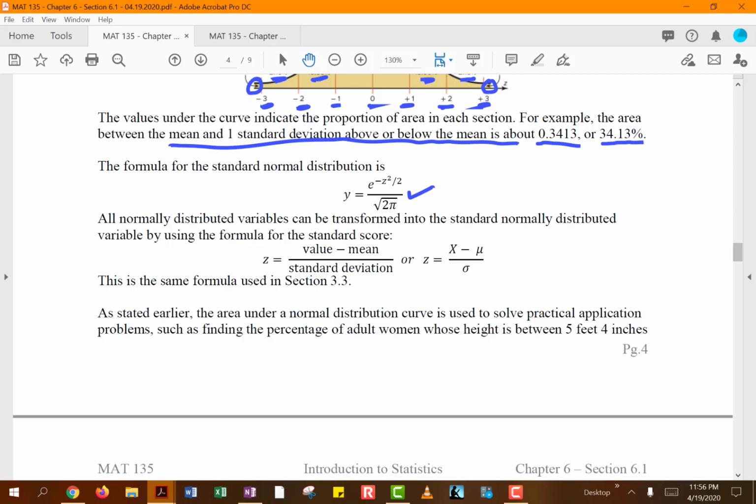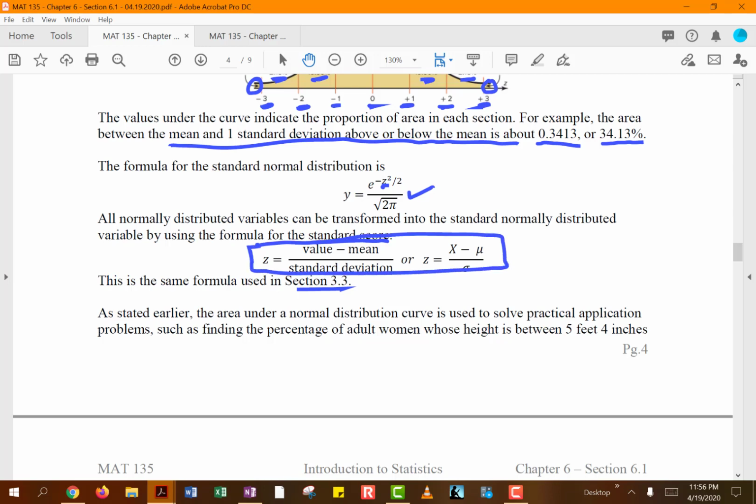And you will notice we're actually using the z variable over here. And this z variable, if you remember, we had also talked about this formula in section 3.3 where we called it the standard score formula, and it's basically this one right over here.